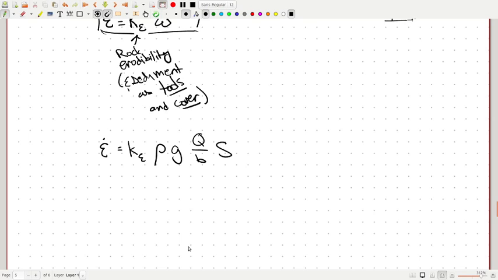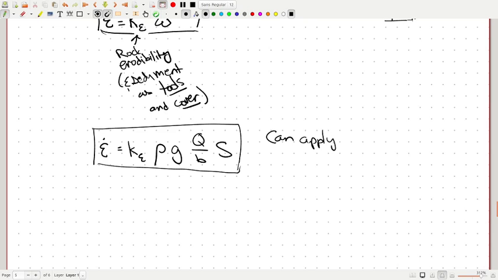From here, we already have everything that we need to do this if we can go out and measure variables in the field. So we can apply this if discharge, width, and slope are measured. And there's a little happy face about that.